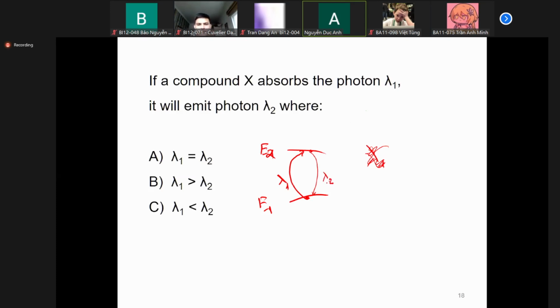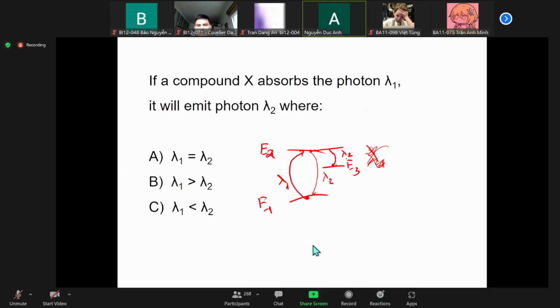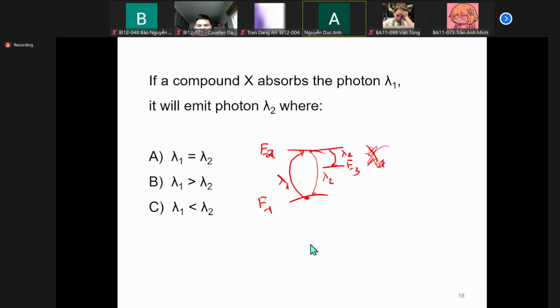In this case, you may have another allowed state. Let's call it E3. So maybe you will have the movement of electrons from E2 to E3, and this one can be lambda 2. You see, the electron only gained energy from E1 to E2.